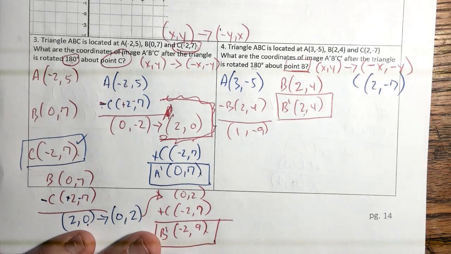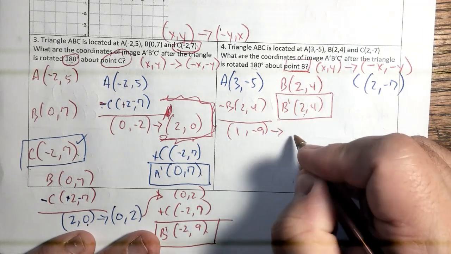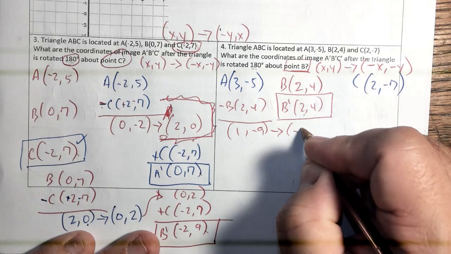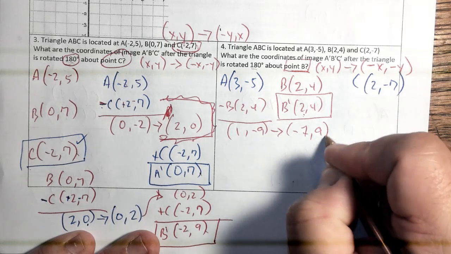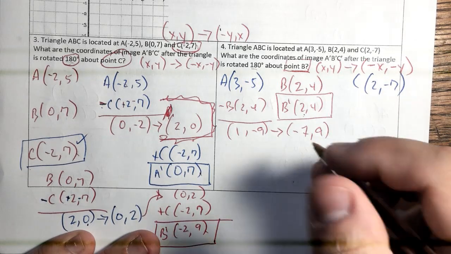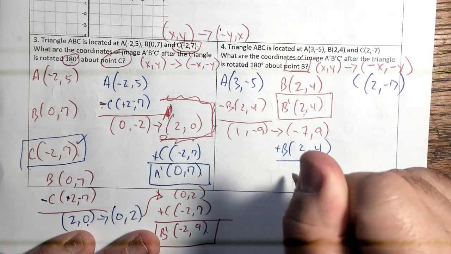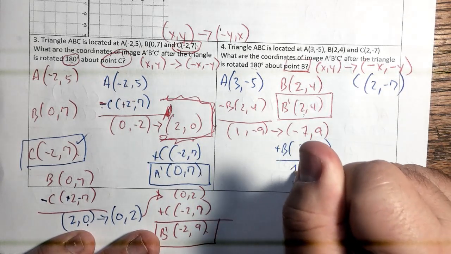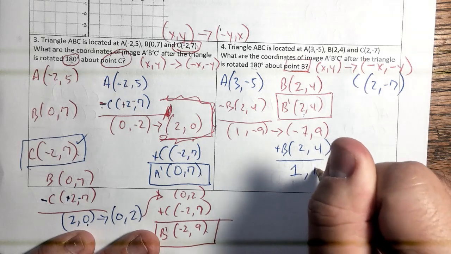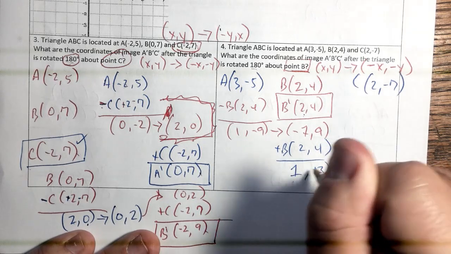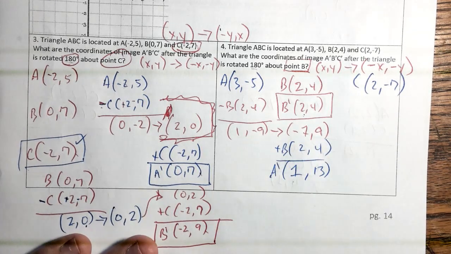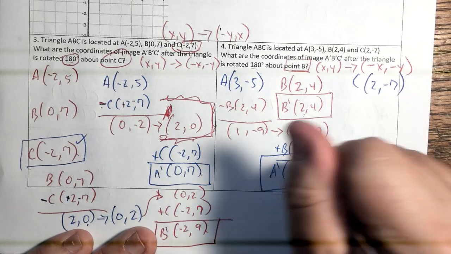Okay, so we're just going to flip the signs here. Positive 1 becomes negative 1, negative 9 becomes positive 9. Add B back in. 2, 4. Negative 2 plus 1 is positive 1. 9 plus 4 is 13. So your A prime is 1, 13.